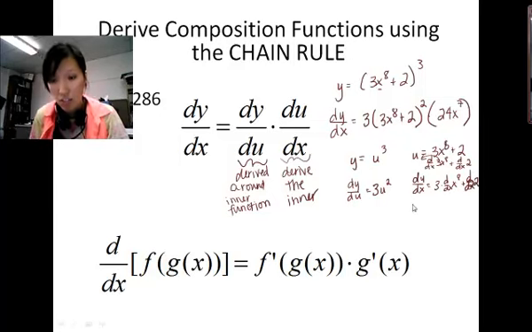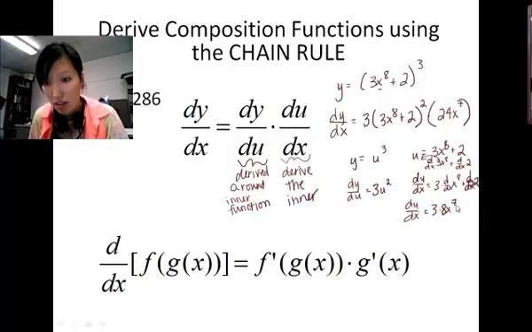And now I'm actually going to start deriving. So du dx is equal to 3 times, and then the 8 was pulled down, so it's going to be 8x to the 7th, and then plus 0.